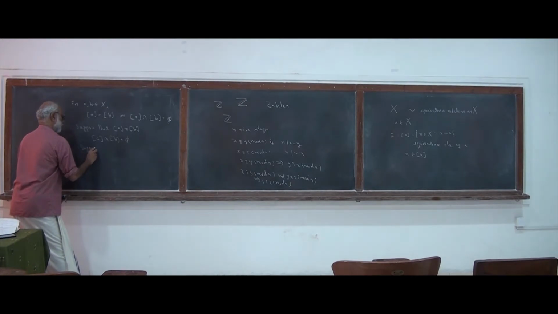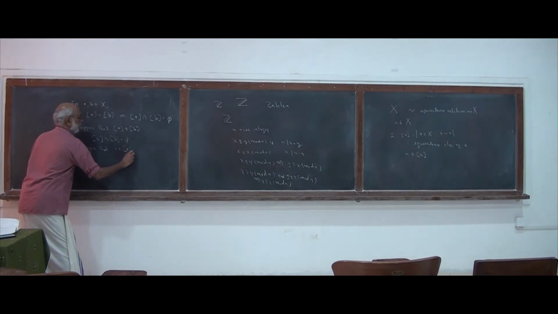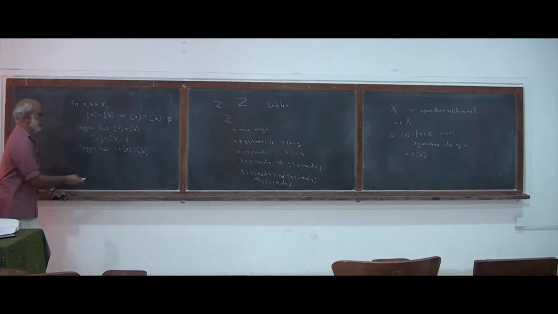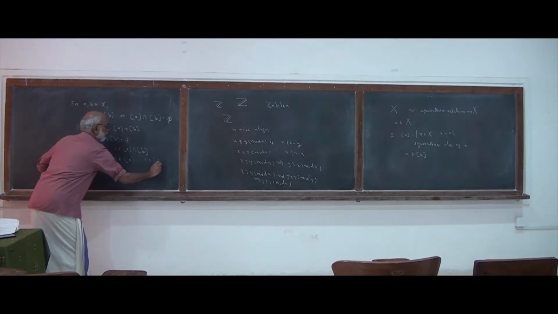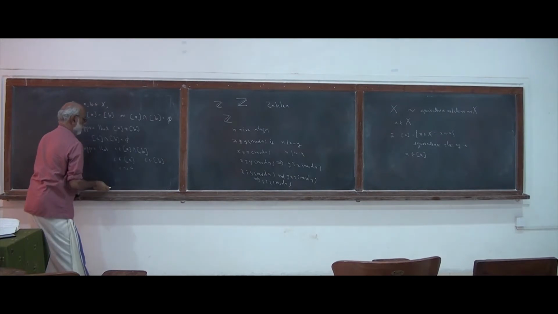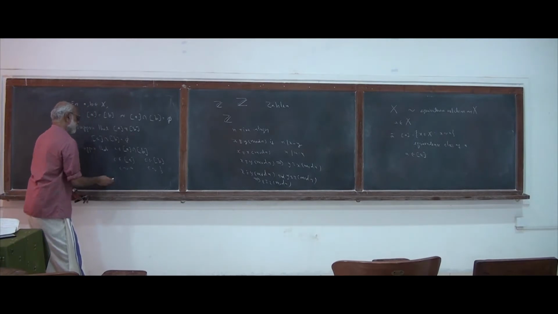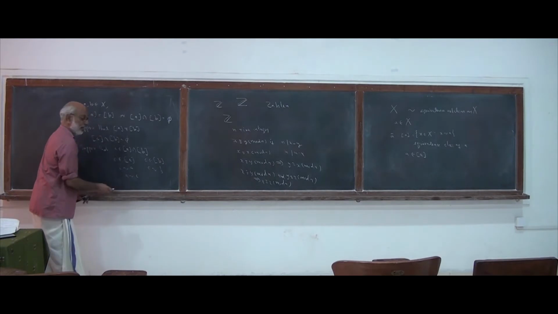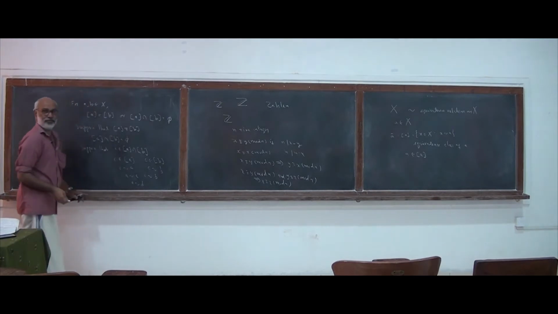Suppose that there is some C in equivalence class of A intersection equivalence class of B. That is, C is an element of equivalence class of A, and also C is an element of equivalence class of B, in which case C is related to A and C is related to B, and C is related to A implies A is related to C. A is related to C and C is related to B implies by transitivity A is related to B.